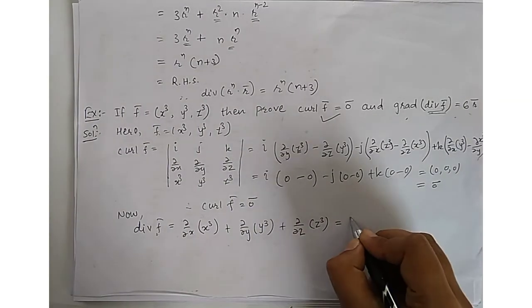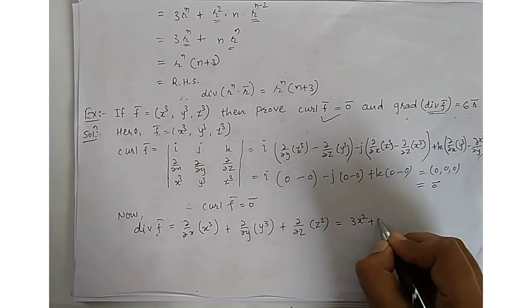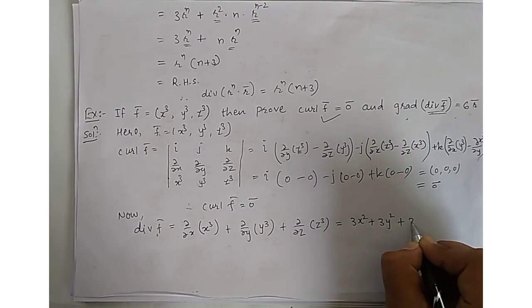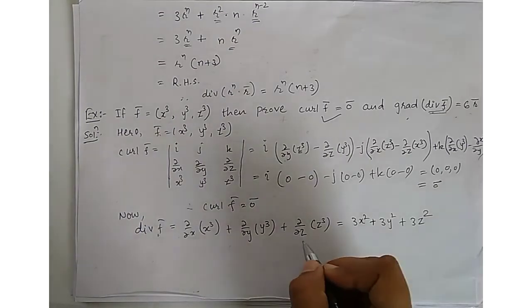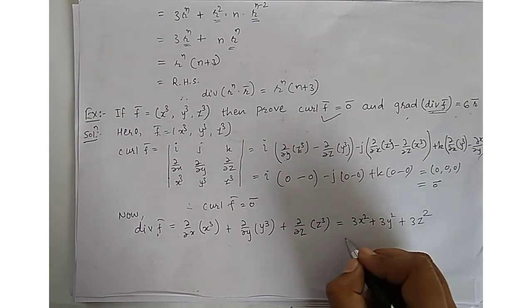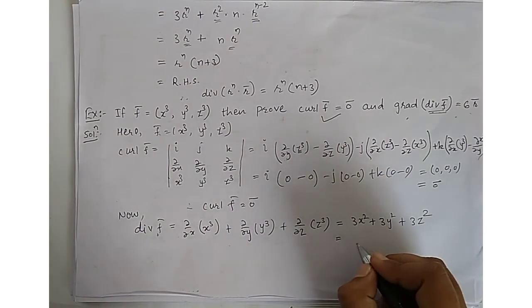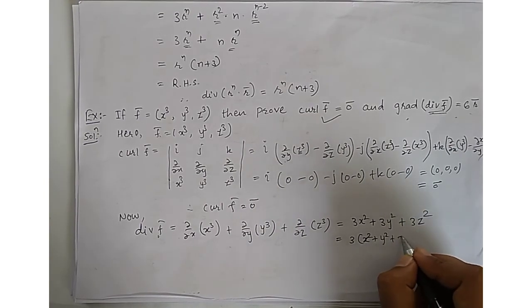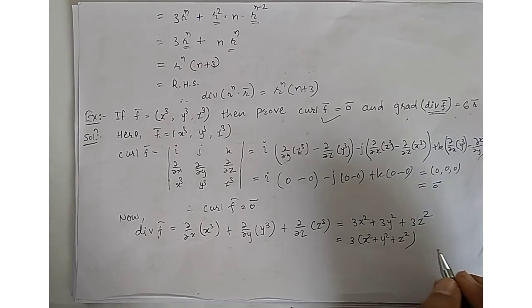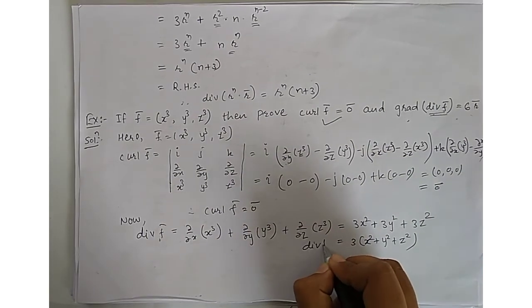So it is equal to 3x square plus 3y square plus 3z square, differentiating with respect to x, y and z respectively. Taking 3 common, it is x square plus y square plus z square. So this is the value of divergent of f bar.